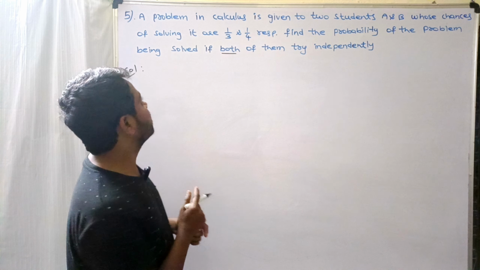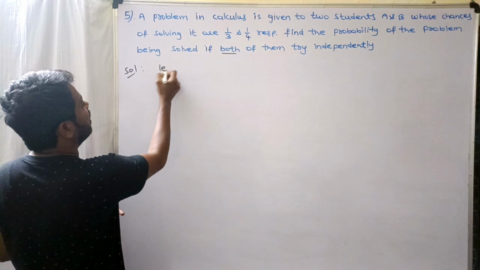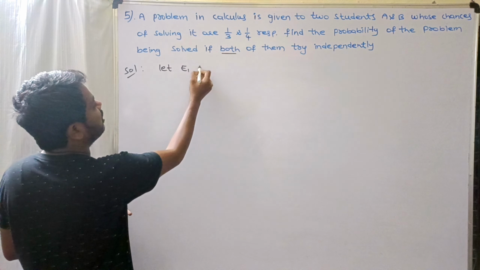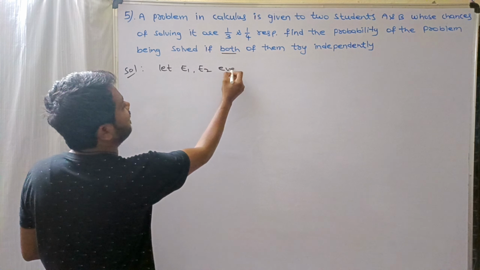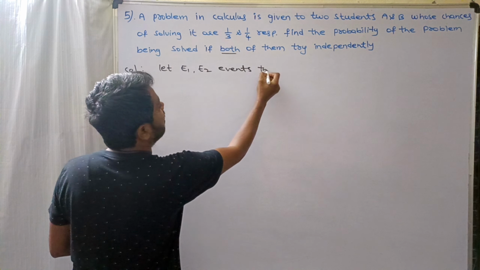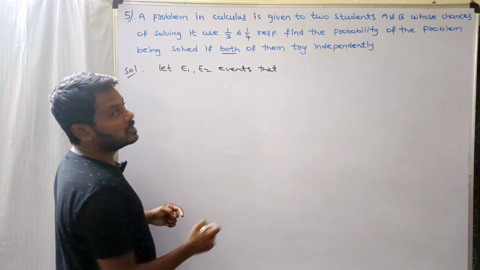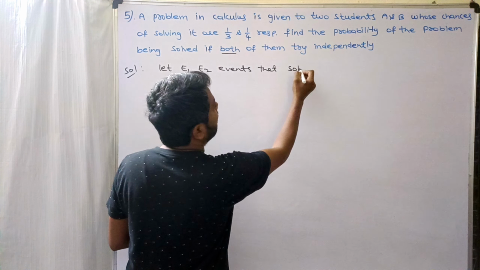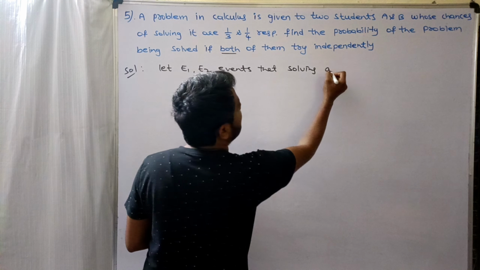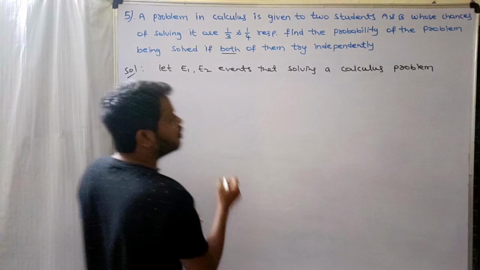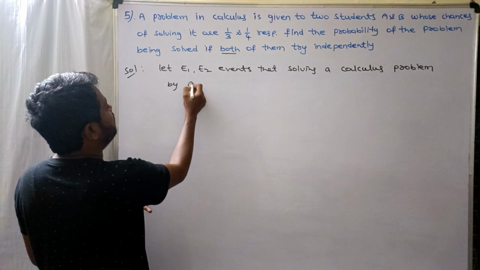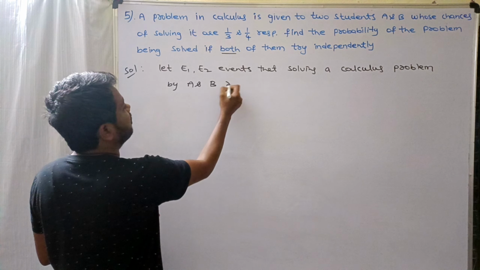Now see the solution. Let E1, E2 be the events of solving a calculus problem by A and B respectively.